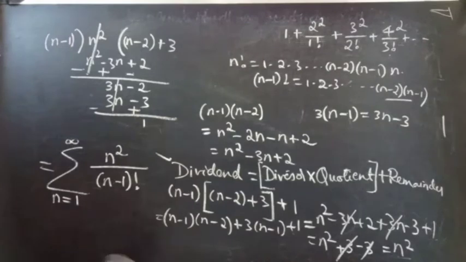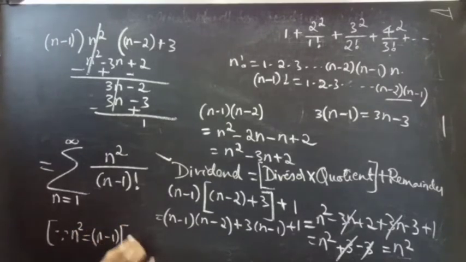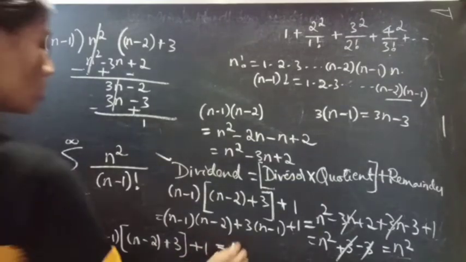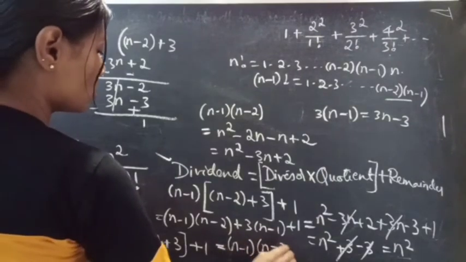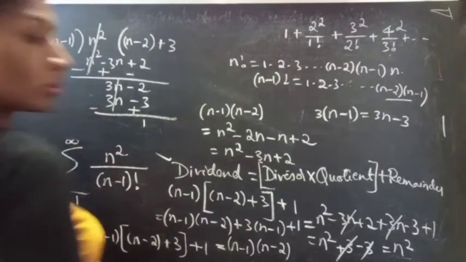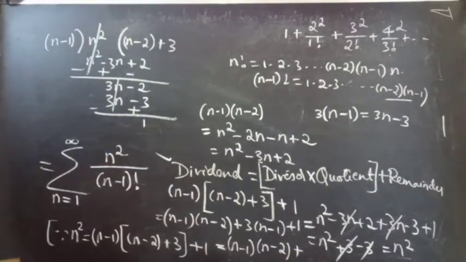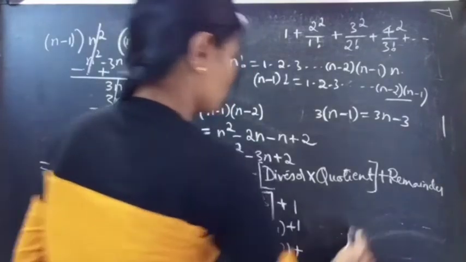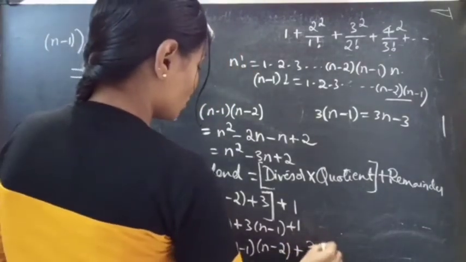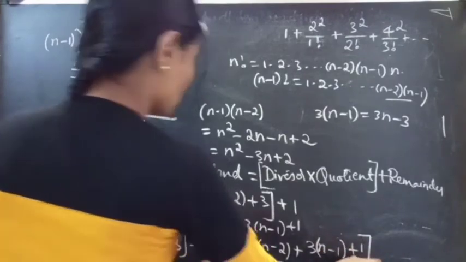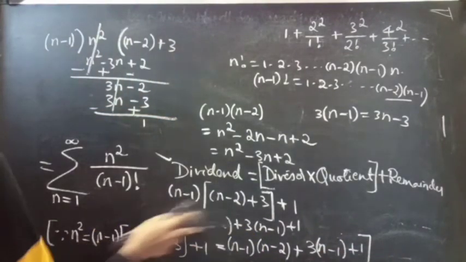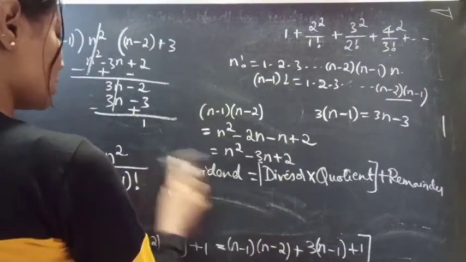So since n square equals n minus 1 into n minus 2 plus 3 into n minus 1 plus 1, now what we'll do, we'll just replace n square by this.